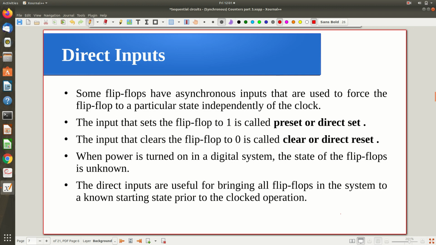By default they are active low, so whenever we give a 0, it will be activated. Whenever preset is equal to 0 or clear is equal to 0, accordingly the flip-flop should be set or reset. That should happen. So that implementation you try to see yourself. Anyway, now you know that in any design, if you see this particular pin, by default they are active low. So whenever I give a 0 it will reset or clear, and whenever I give 1 it will set, or it's called a preset. So that concept you know.